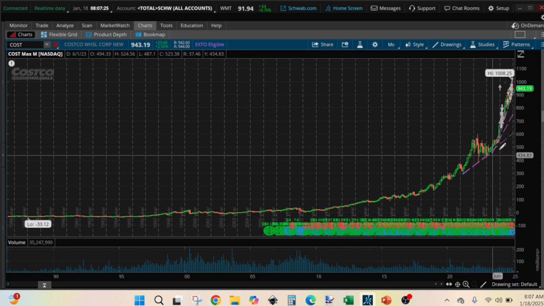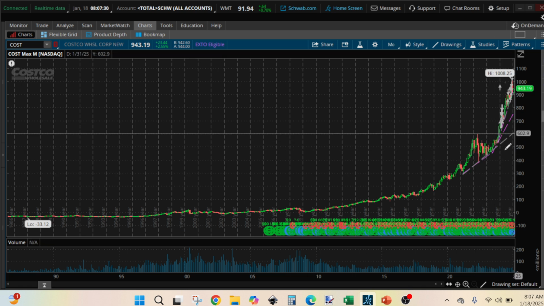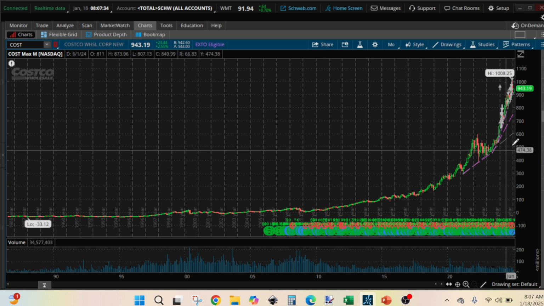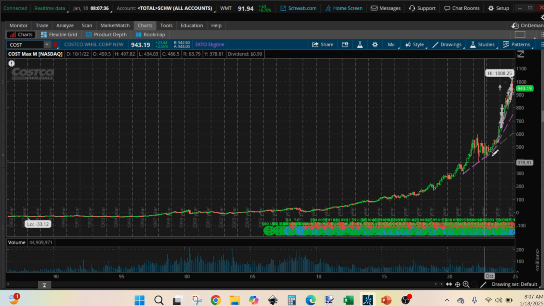If I'm tracing it and it's not touching a lot of points, I can decide not to continue that, or I can still trace it but then keep tracing others. So now that I have this one, it is a support line.